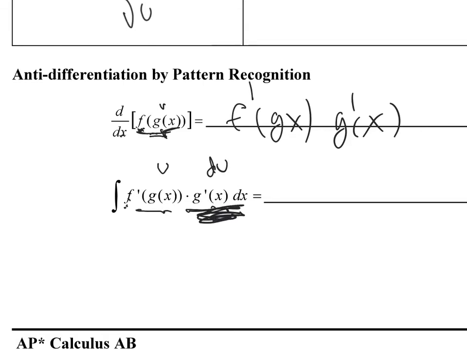Since it's there, then the answer will just be f of g of x plus some constant.